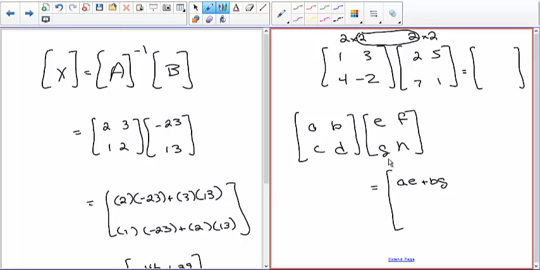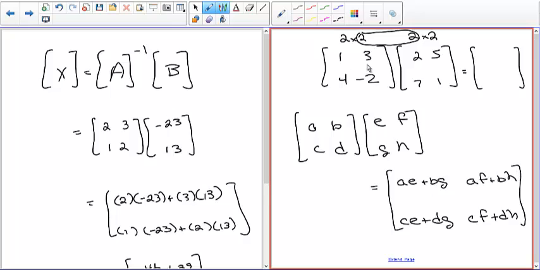Then the first row, second column: you take the first row times the second column. So you have AF plus BH. Then second row, first column. That's going to be CE plus DG. And then the second row, second column entry: CF plus DH. Okay.